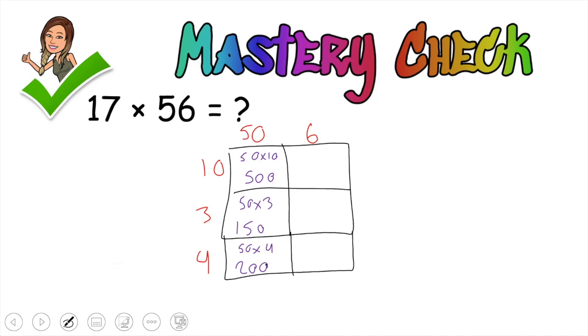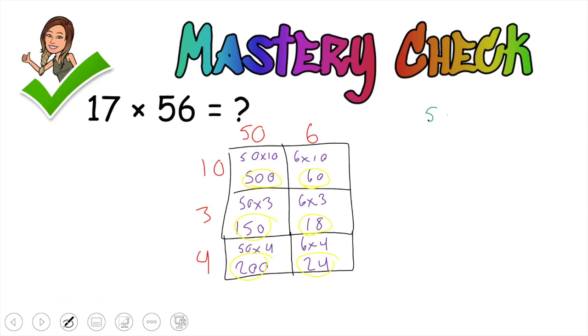Okay, then I have 6 times 10, which is 60, 6 times 3, which is 18, 6 times 4, which is 24. Then I'm going to take these 6 numbers and add them all together.